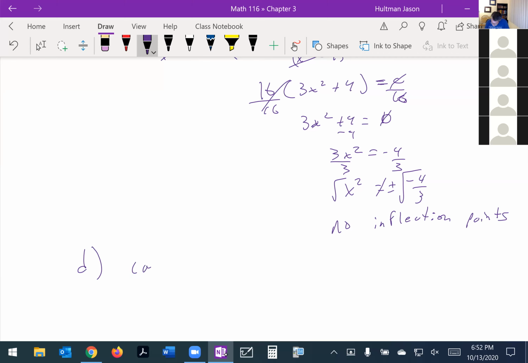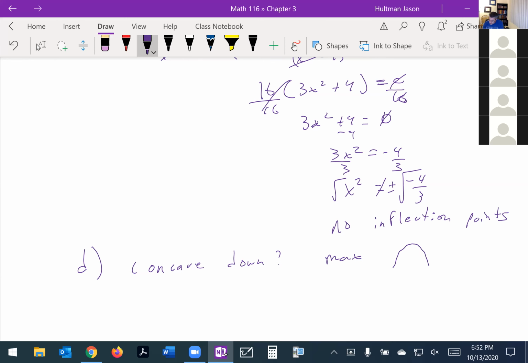So what is the concavity? How do we know that this thing is concave down? Any ideas? There's no inflection point, so the concavity never changes. So it's either got to be all concave down or all concave up. Well, what did we find? Didn't we find a maximum already? So where does the maximum occur?